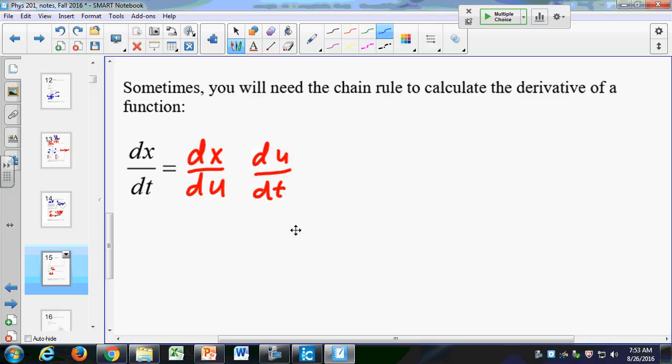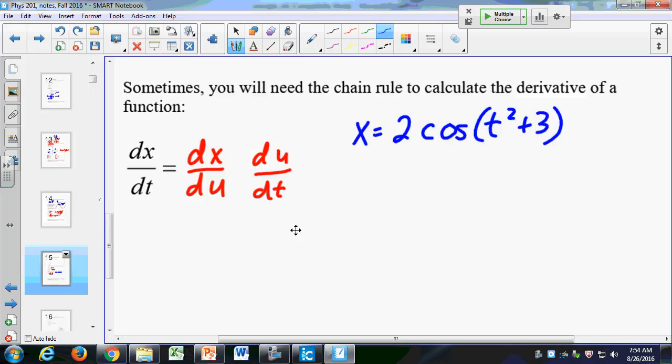For example, let's say that I had this function, x equals 2 cosine of (t squared plus 3). So I have this function of x that's defined with respect to t, but I have this function that will vary with time embedded within this cosine function. So I have a function within a function that makes it a little bit complicated to solve the derivative.